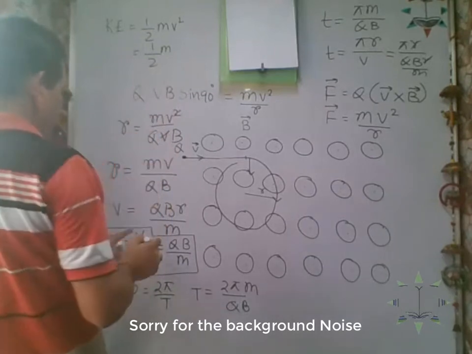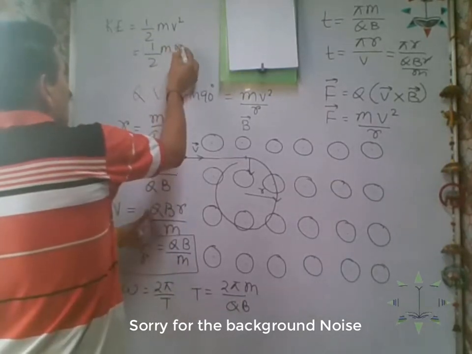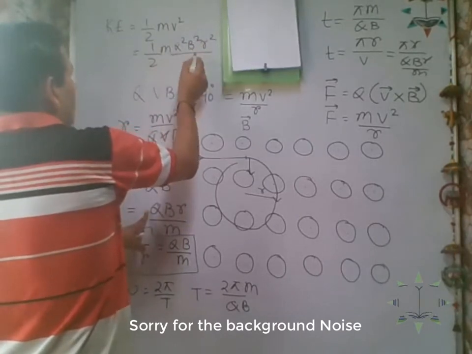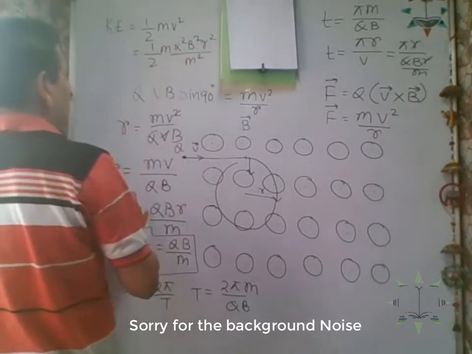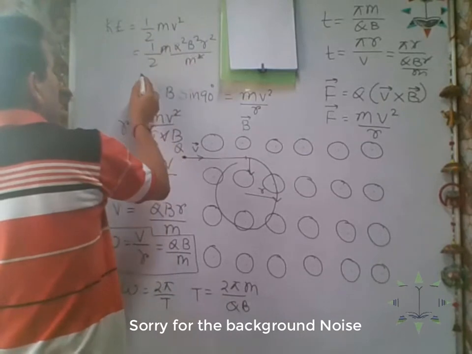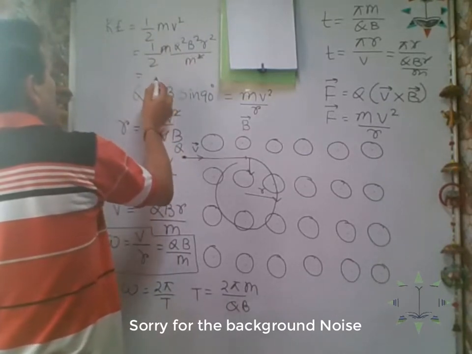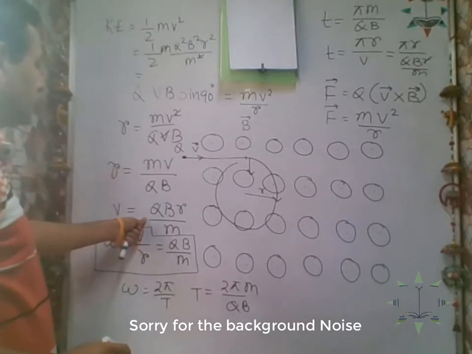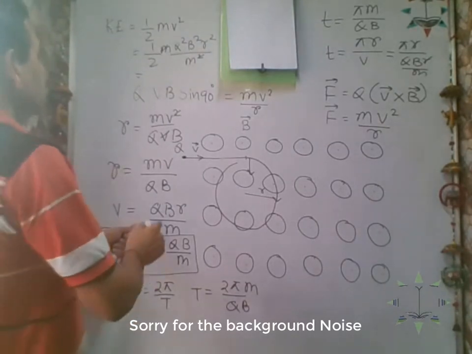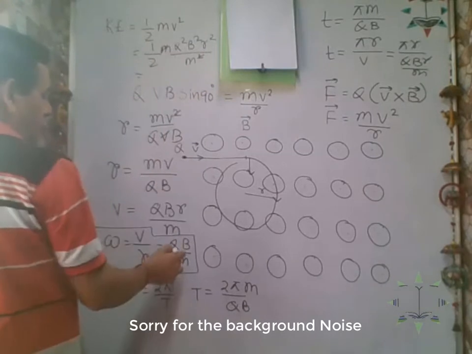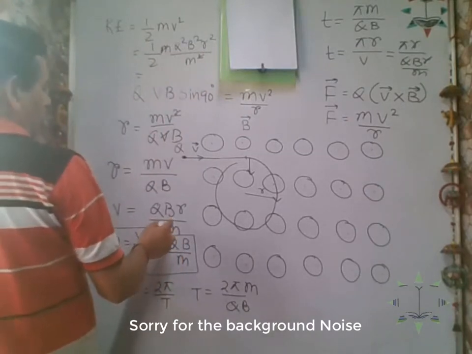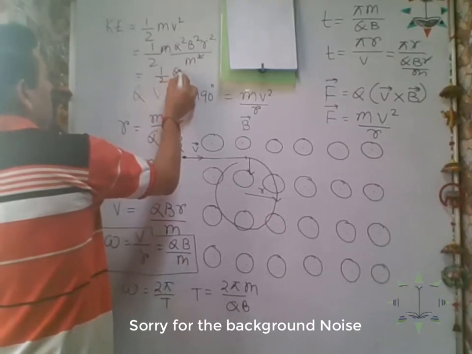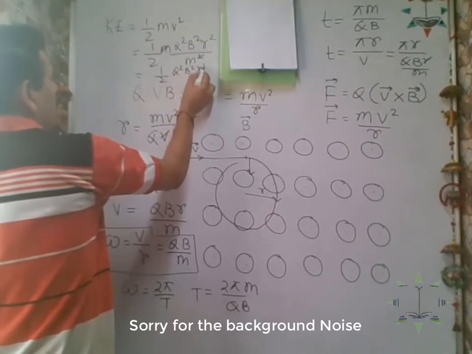It is q square b square r square by m square, correct. So cancel out. So this is the kinetic energy of the particle, that is half q square b square r square by m.